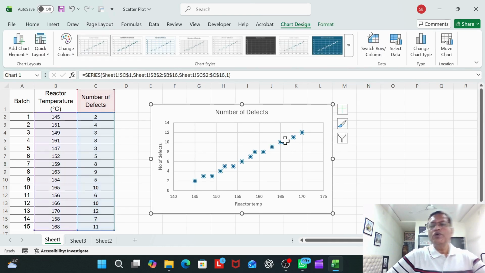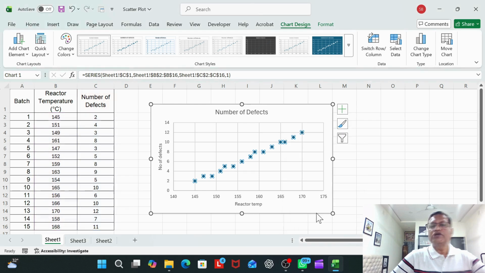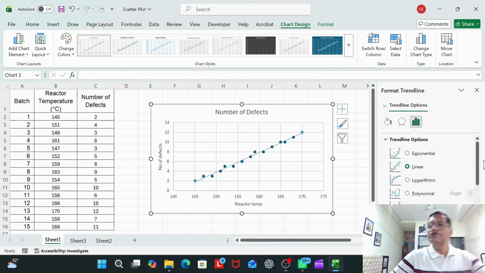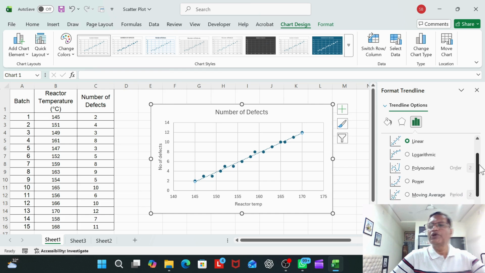And also right click and add trend line. In the trend line you will have multiple listings: exponential, linear, logarithmic, polynomial. So depending on the kind of relationship you are getting, you can use this.